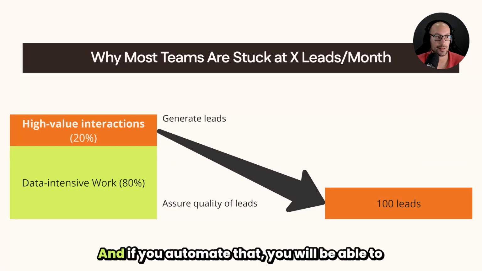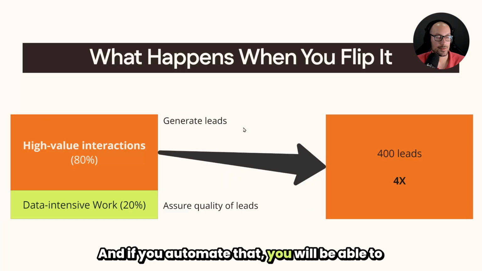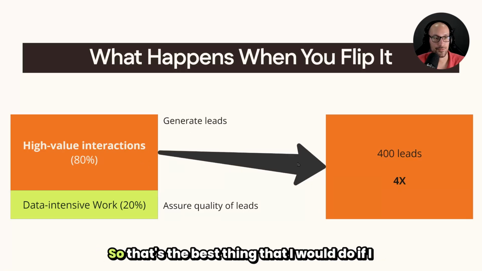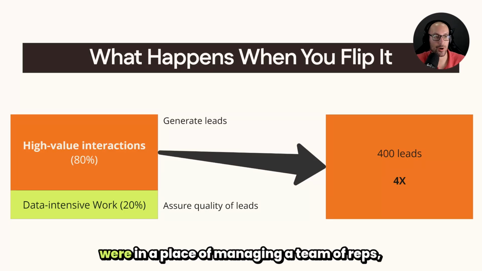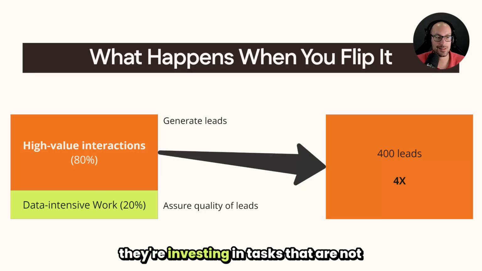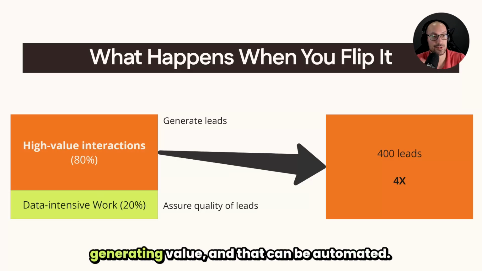You can automate that. And if you automate that, you will be able to increase the amount of leads that you have. So that's the best thing that I would do if I were managing a team of reps: decrease the amount of time they're investing in tasks that are not generating value and that can be automated.